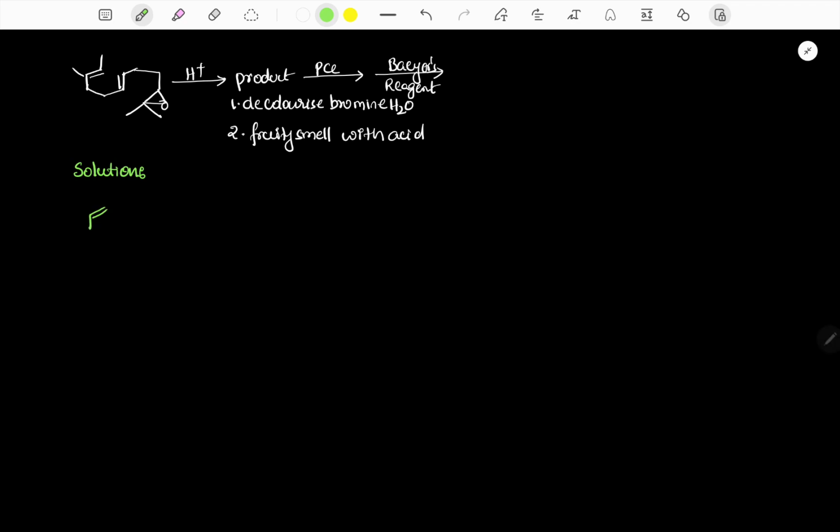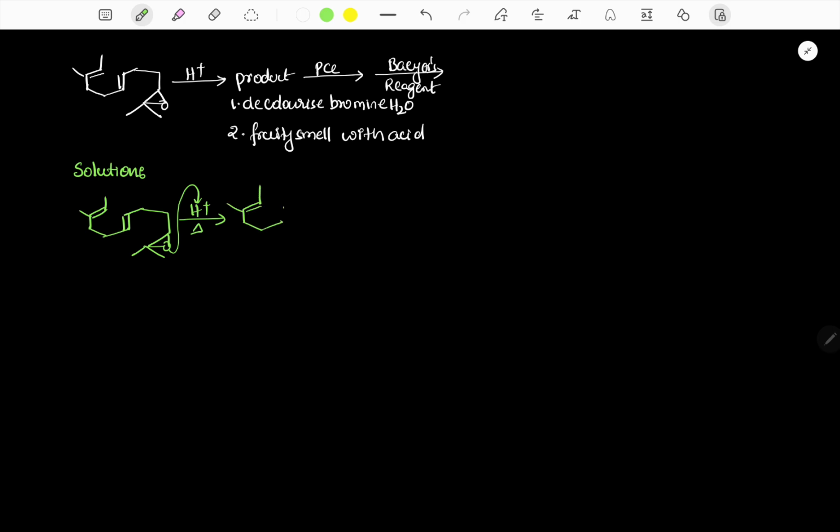The reactant has two alkene groups and one epoxide group. It is treated with H+ and H2O or H+ and heat. Only H+ is given, therefore H+ and heat. So here what happens? The lone pair attracts the proton.